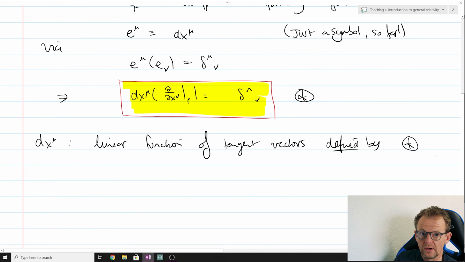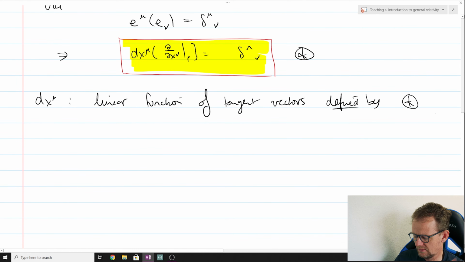Probably the most confusing part about differential geometry and general relativity is that the notation is so highly suggestive, and you are very motivated to try and interpret these symbols further, put more meaning into them than what's handed to you in the definition. That's not the case. Dx mu is just a linear function of tangent vectors. It's nothing to do with derivatives or integration measures or anything yet.